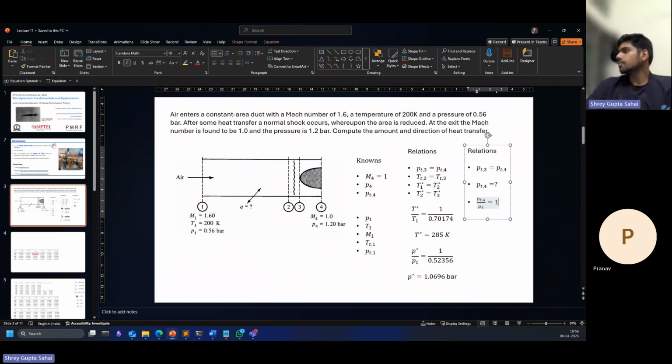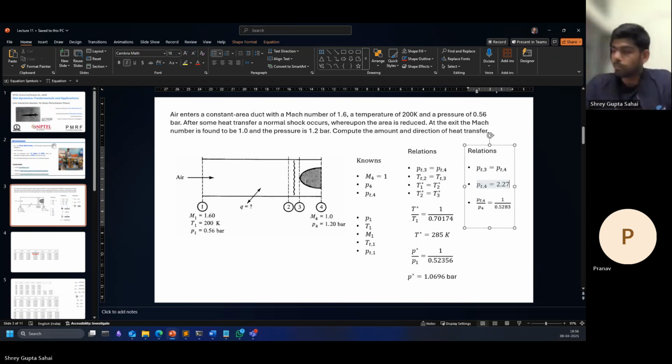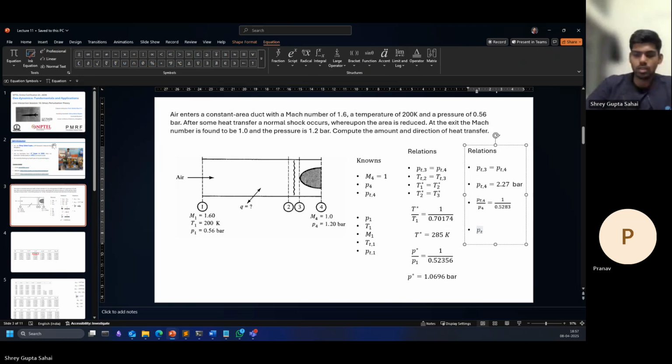Let's find out. 1.2 times... divided by 0.5283 is 2.27 bar. Okay. Right. So PT3 is also 0.27 bar.